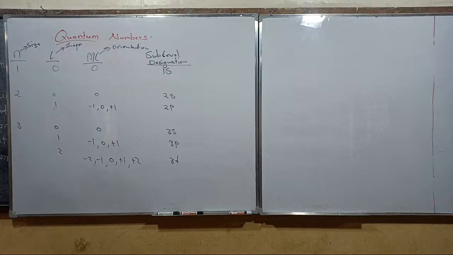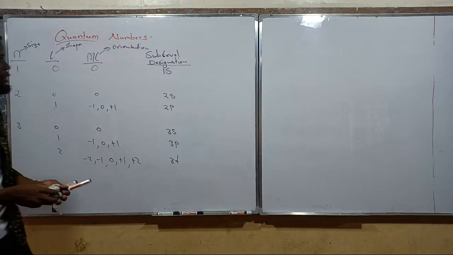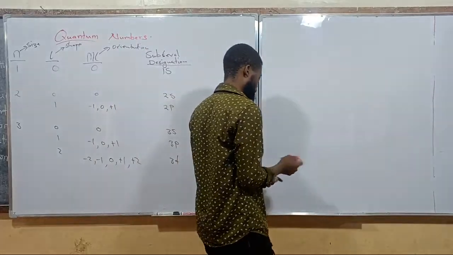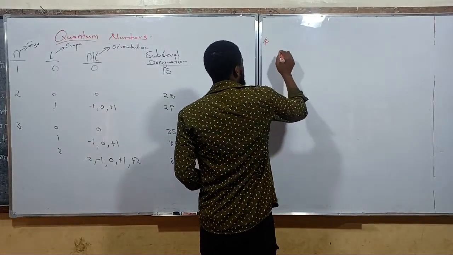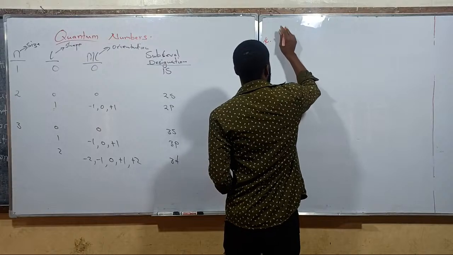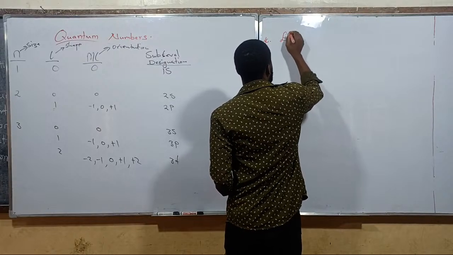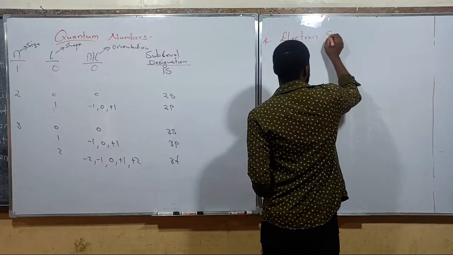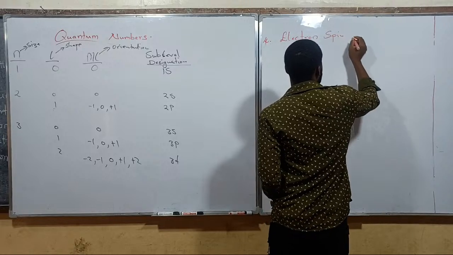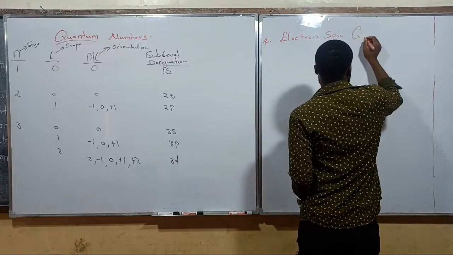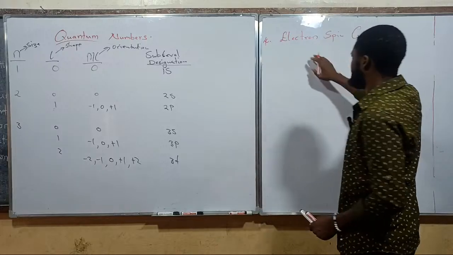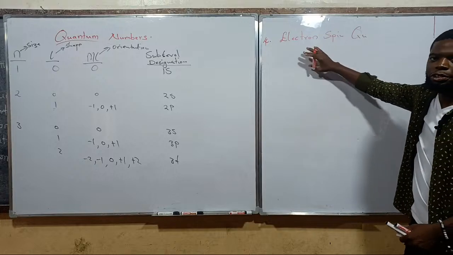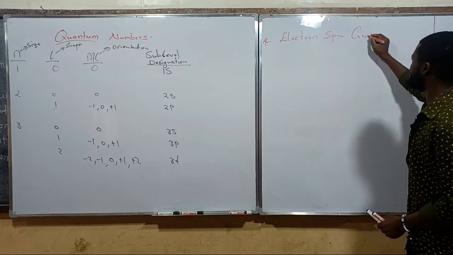For the final quantum number, it only specifies the spin of an electron. So the final one is called the electron spin quantum number. Of course, from the terminology itself, the electron spin quantum number only describes or specifies the spin of an electron.